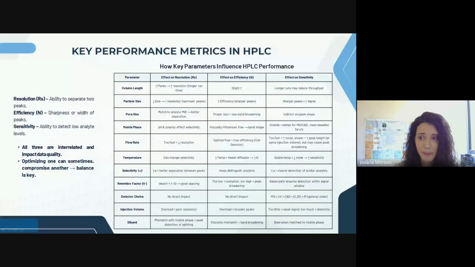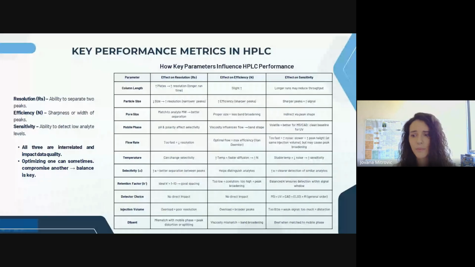Temperature can sharpen peaks and also improve efficiency, but too much heat might degrade very sensitive compounds. Also, injection volume is key. Too much volume may distort peak shape and lower resolution. And of course, detector settings, like choosing the right wavelength or flow cell size, for example, for UV detection, directly impact your sensitivity. So the key here is balance.